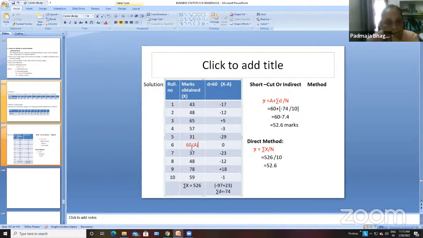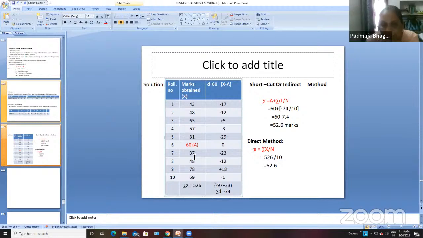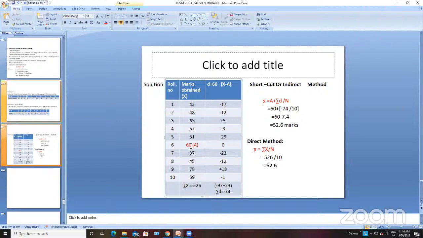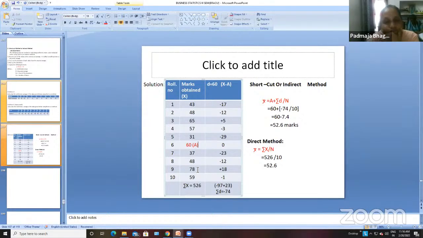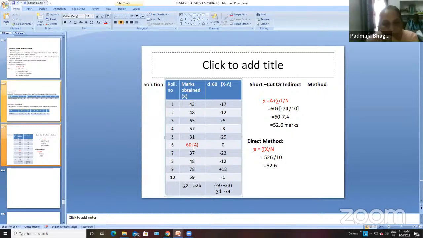Minus 29. Here I'm taking this as the X value minus A. X is 37. 37 minus 60? Minus 23. 48 minus 60, minus 12. 78 minus 60, plus 18. 59 minus 60, minus 1. Again, first you have to take the total of the x values.